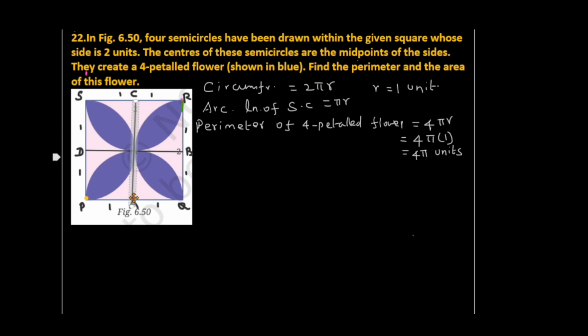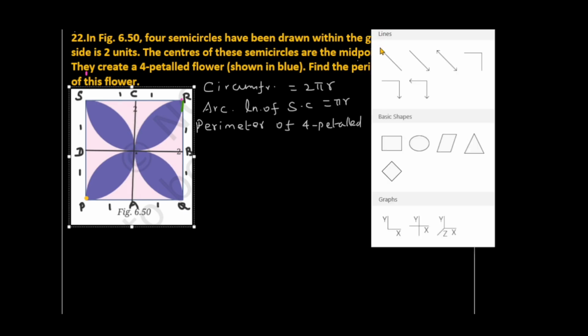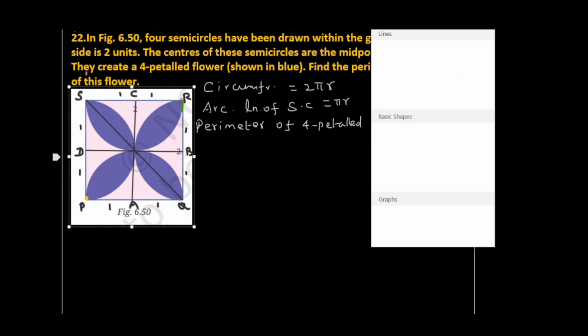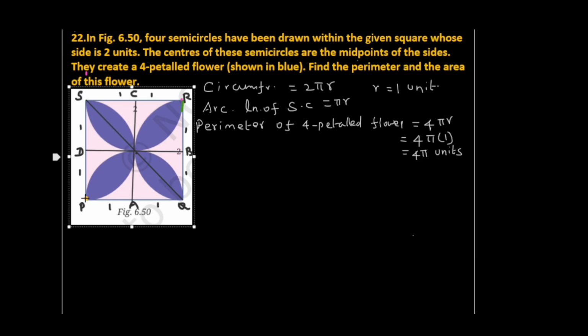So, now if we join the diagonals, that is diagonal SQ, joining the vertices S and Q, we get one diagonal, and joining the vertices P and R, we get another diagonal. Now, we can get 8 parts of the petals. 4 petals are there, but we can now see 8 parts of the petals.